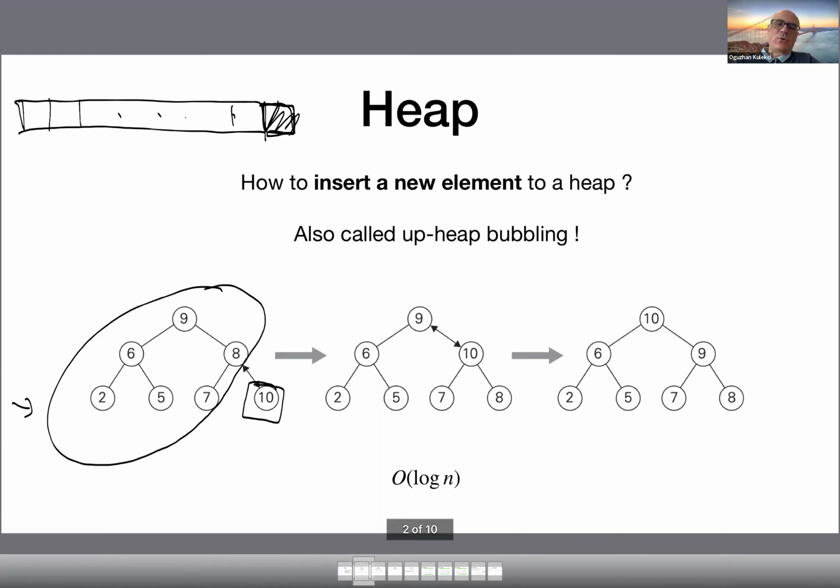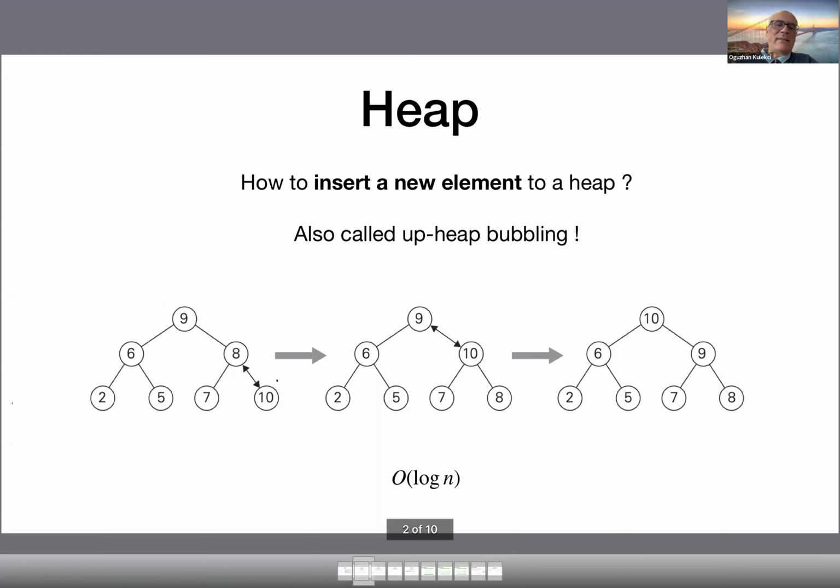Then no problem. You will start from the first element on the new level, okay? And this will not be problematic for the shape property because it is still a complete binary tree. But let's see how we can add 10 to this already maintained heap data structure. You make it the rightmost leaf node at the leaf level.